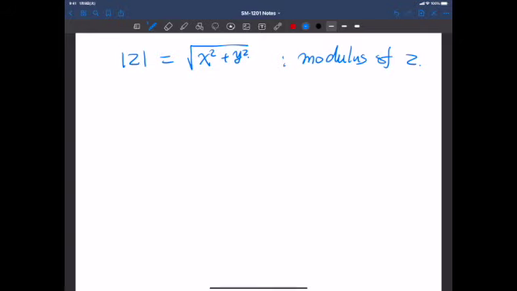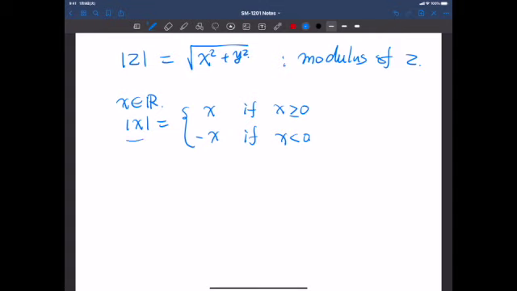Now, if x is a real number, then what was the modulus of x? It was defined as this. It is equal to x if x is positive or 0, or it is negative x if x is negative. Either way, the modulus of x is positive or 0, or we could say non-negative.